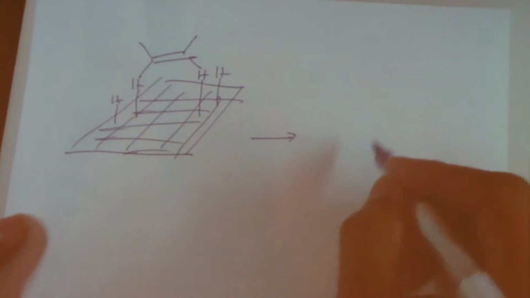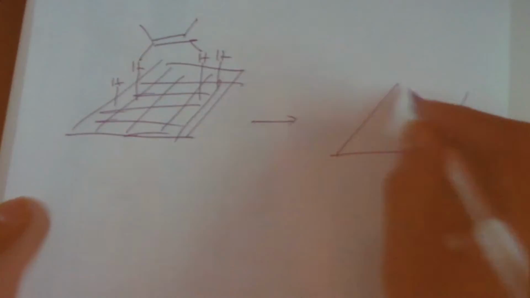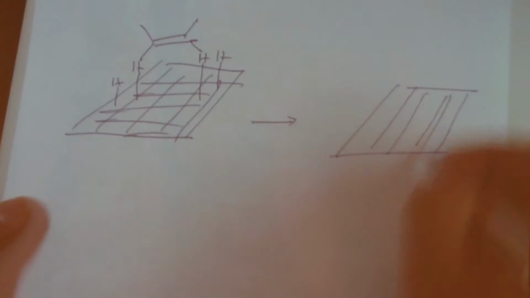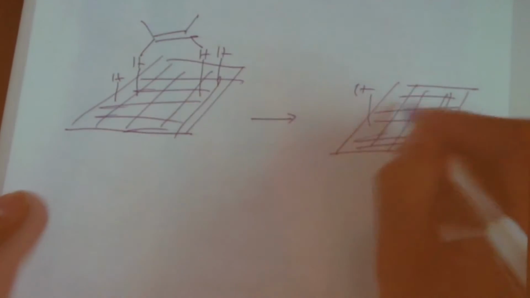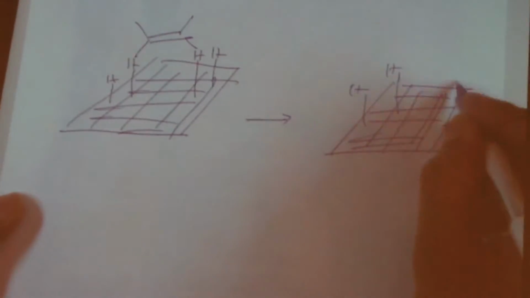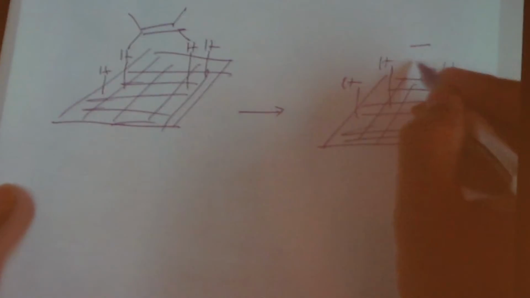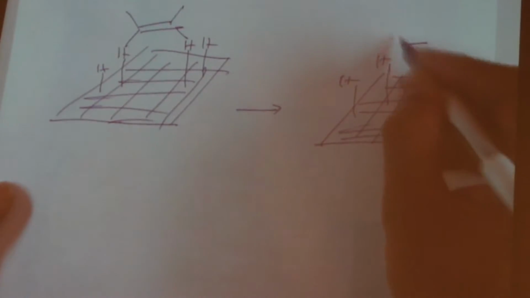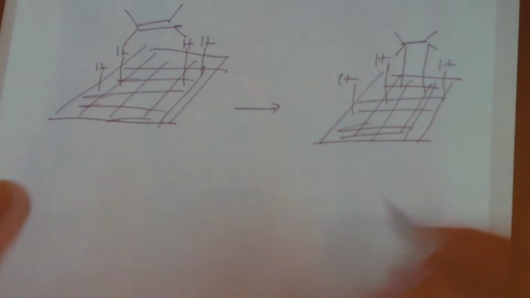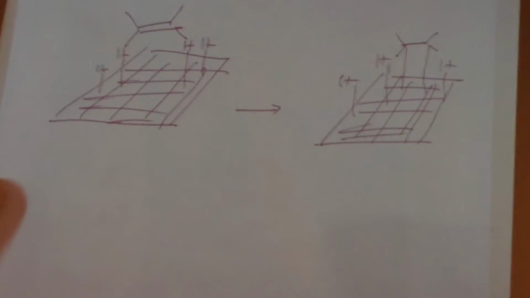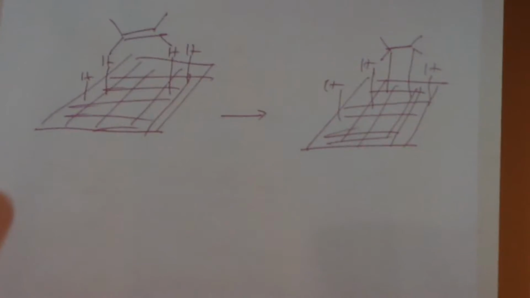What they would do is replace the pi bond with two sigma bonds, step by step. Initially, the hydrogens are there, many hydrogens, and the pi bond is replaced with two sigma bonds with the metal, anchoring the alkene. But these are very weak sigma bonds.